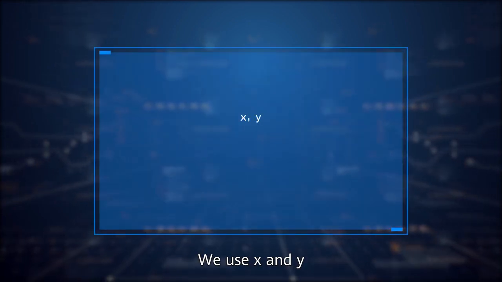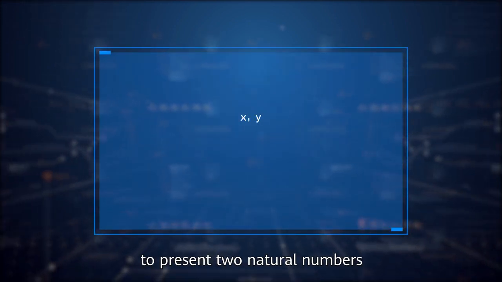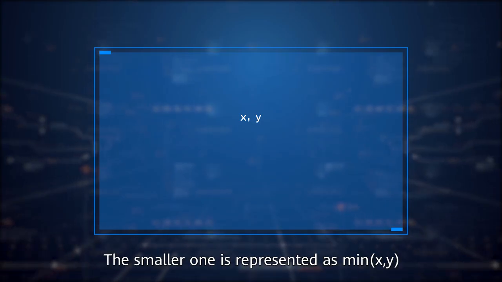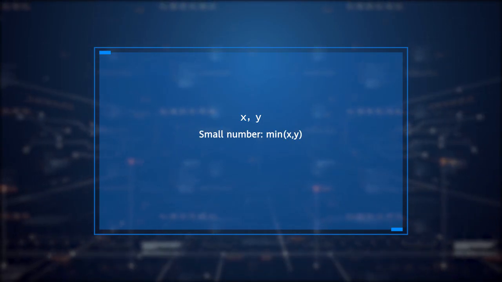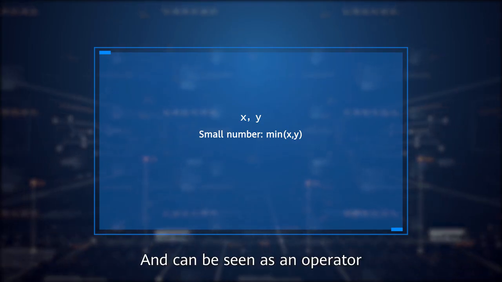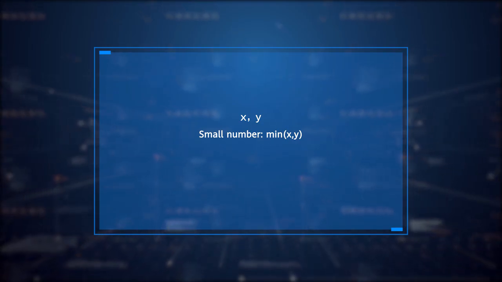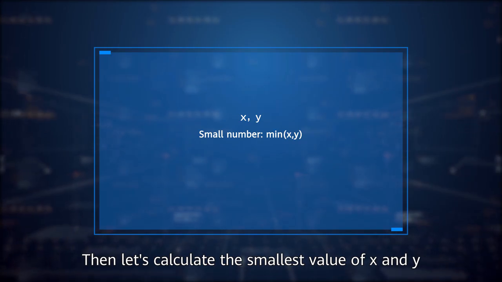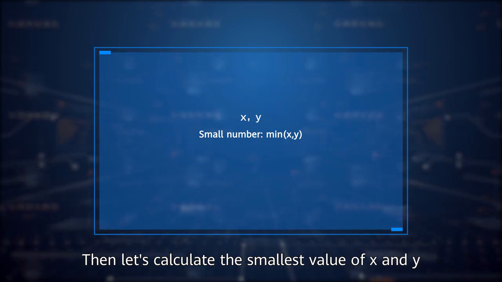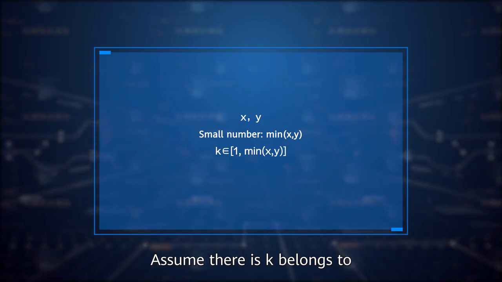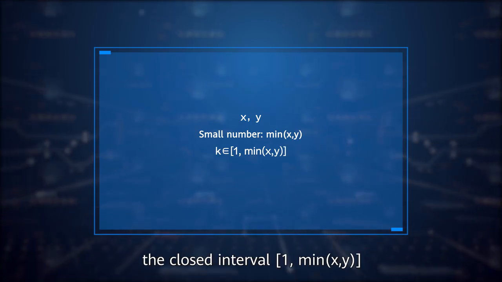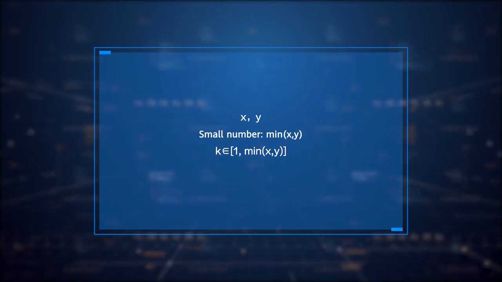We use x and y to represent two natural numbers. The smaller one is represented as min(x, y) and can be seen as an operator. Then let's calculate the smallest value of x and y. Assume k belongs to the closed interval [1, min(x, y)].